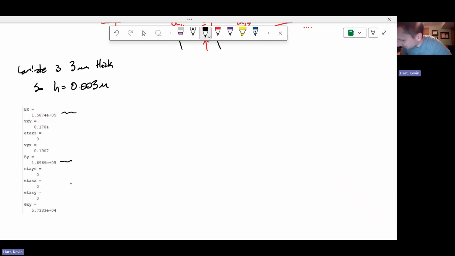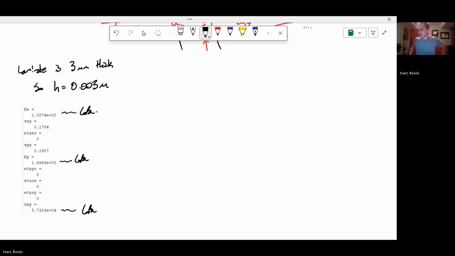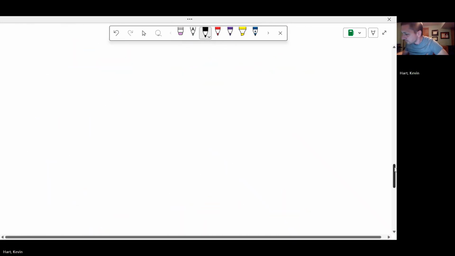So these are GPa; the rest are unitless. So there you go: 159 GPa, 170 GPa, and 57 GPa. Those are pretty reasonable numbers. Okay, move on with the problem.